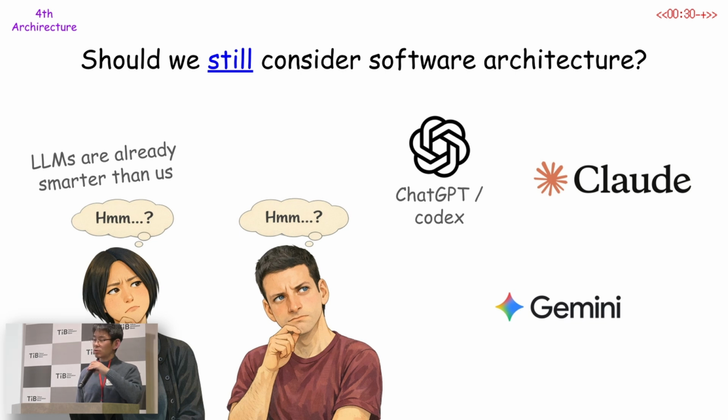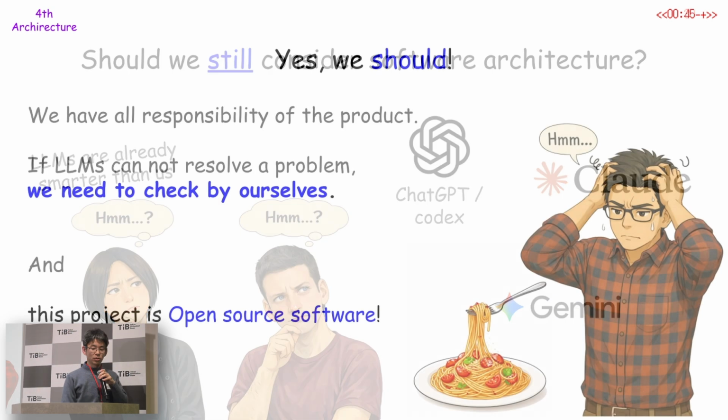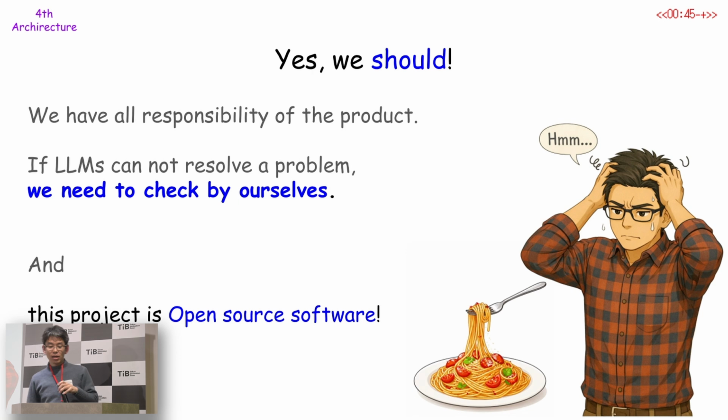So maybe you are thinking: should we skip considering the software architecture? You are probably using ChatGPT, Chronicle, Gemini, something like that. I also use them. But do you have any opinion? Should we? Oh yes we should, because all responsibility for your product comes to you. And also LLMs make mistakes if your code is messy.